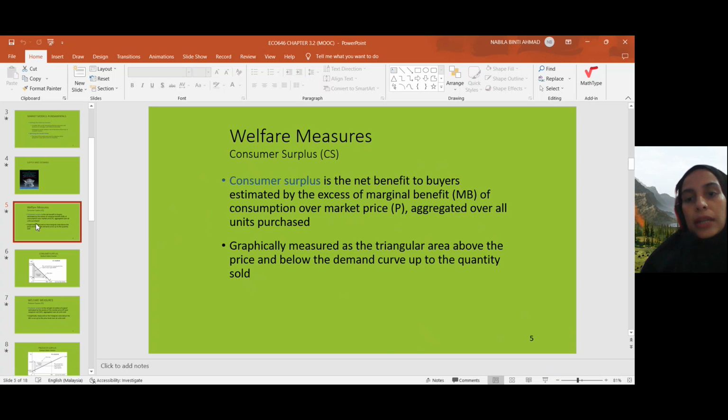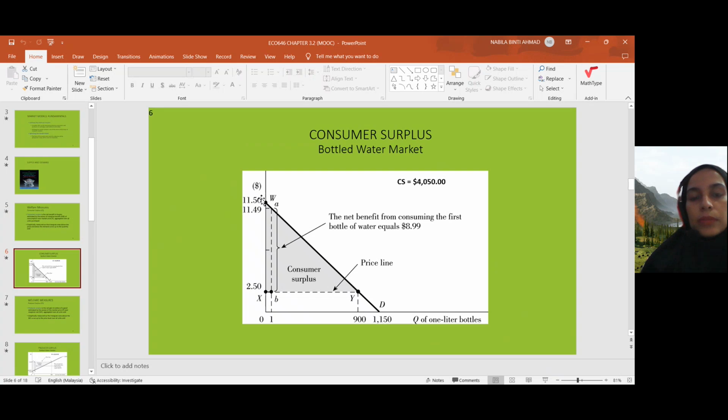And graphically, it's a triangular area above the price and below the demand curve, right? As you can see here, this is the demand curve. The demand curve is downward sloping to indicate the law of demand, which means when price increases, quantity demanded decreases and vice versa. So that is the demand for the private goods, right?